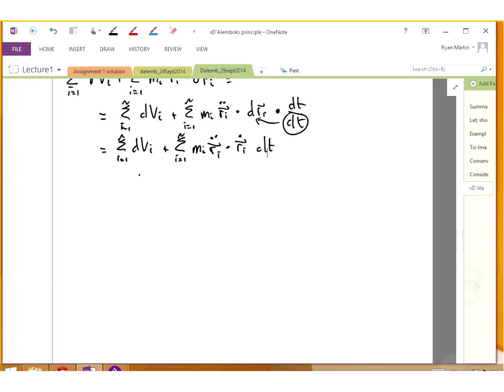Okay, so continuing, the first term is the same, sum i equals 1 to n dV_i, plus the sum i equals 1 to n. Now, this m_i r_i double dot dotted with r_i dot, I could rewrite this whole term as a half m d/dt of r_i dot squared dt.